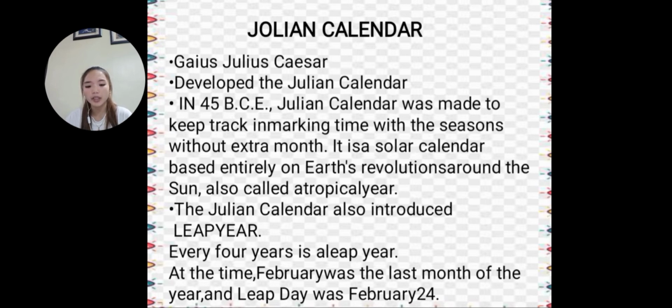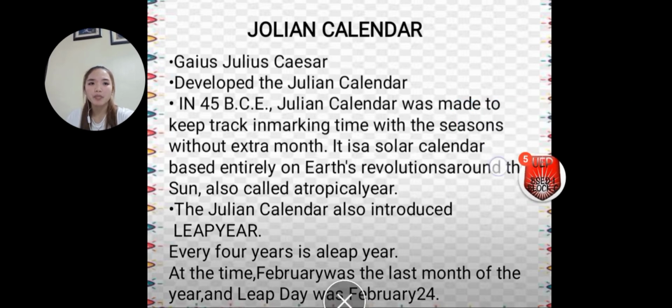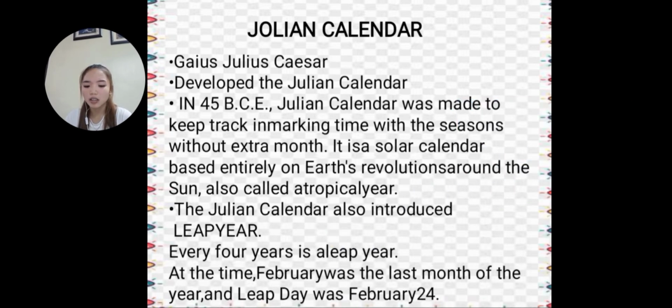The problem was that the Julian calendar had too many leap years that made it out of sync. Eventually, the Julian calendar drifted from important religious holidays and astronomical events like solstices.